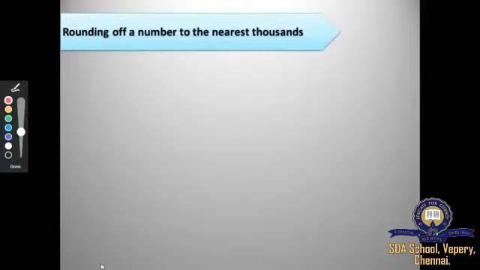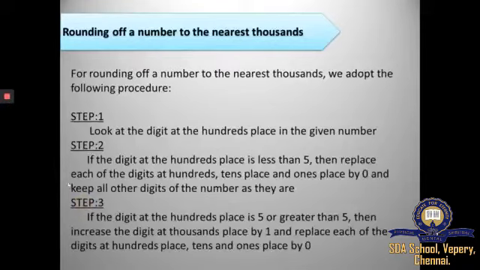Rounding off a number to the nearest thousand. For rounding off a number to the nearest thousands, we adopt the following procedure. Look at the digit at the hundreds place in the given number.